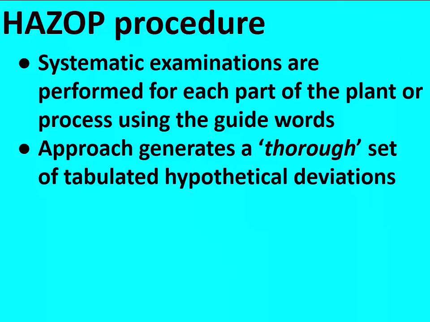Now, preparation for a HAZOP obviously depends on the size and the complexity of the plant. But you might need a lot of data. You need as much up-to-date information as you can possibly get. So you want things like line diagrams, flow sheets, plant layout, operating instructions. This is if you're going to do a real one, not the one that we do in the workshop.